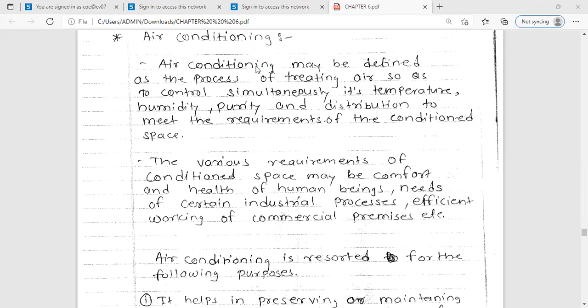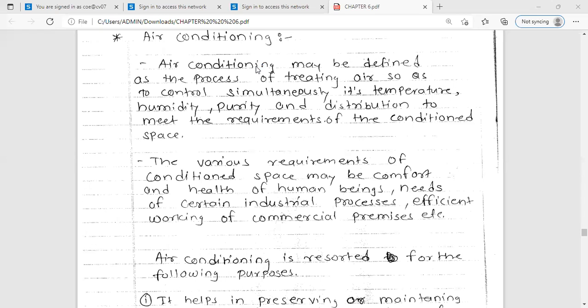Okay, so to getting these things, whatever environment is there into that particular building or particular rooms should be hygienic one, it should be comfortable one, and to getting it we have to go for the provision of the ventilation or air conditioning.